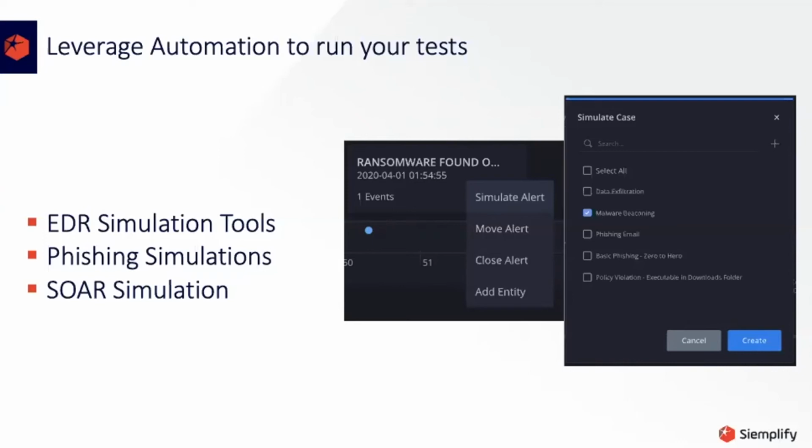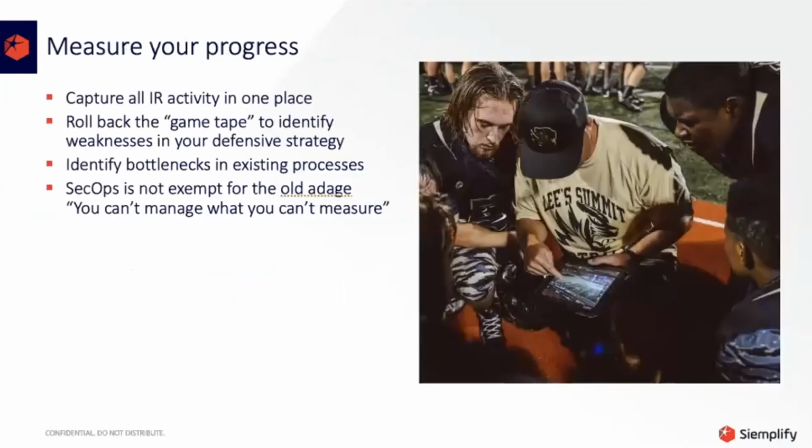And so that leads me again to another section of running a tabletop exercise, which is measuring your progress. And so by making sure that you're starting small, by making sure that your tools are communicating, by taking the data that you already have inside of your organization and the tools that you already have inside of your environment, and encapsulating it all in this method, you can then start identifying metrics to measure against.